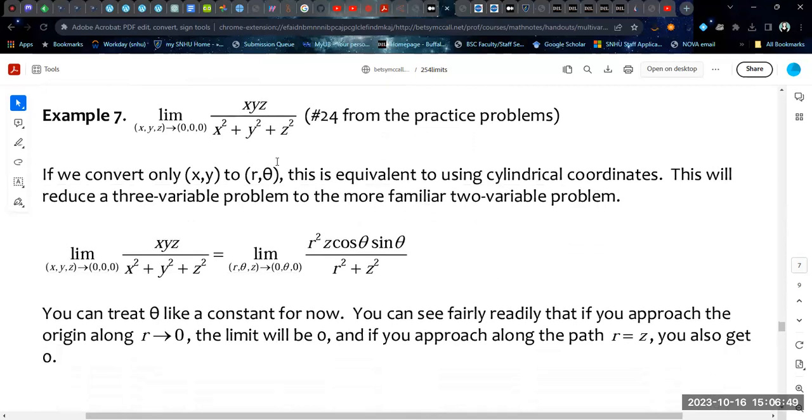Now, for 3 variables, I can use polar coordinates to reduce this to a 2 variable problem, and then again treat it similarly to the 2 variable case that we had before. In this case, I might let r equal z as my third thing to see what happens, as my path in the cylindrical coordinate system.